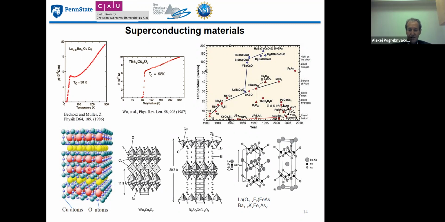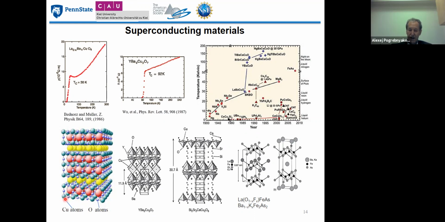So what we see here is a colored cartoon showing the atomic distribution in YBa3 copper oxide.